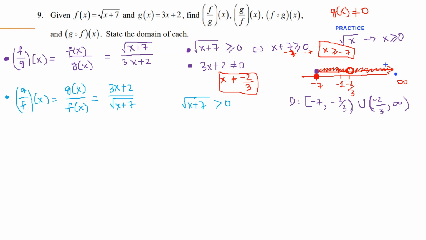We solve for this one, so x will be greater than negative 7. So in this case, the domain will be strictly greater: open parenthesis negative 7, comma, infinity.